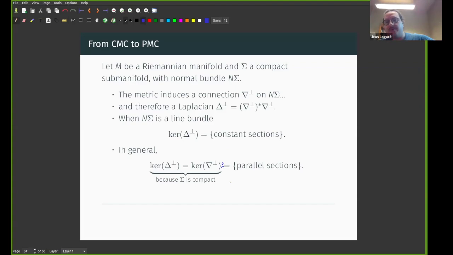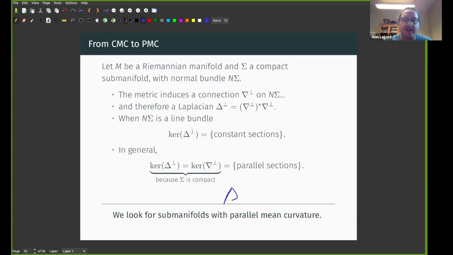I will be able to bring back normal vectors to their origin by moving them around. And so we will be looking for submanifolds with parallel mean curvature, meaning again that the normal Laplacian of H is 0. Okay. And, you know, at this point, it seems like it should be pretty straightforward.